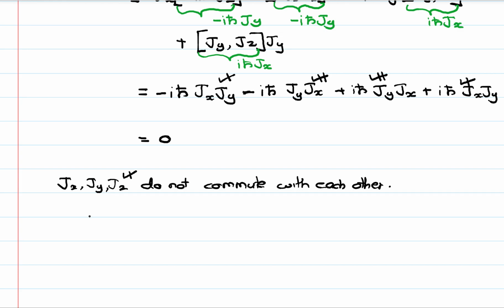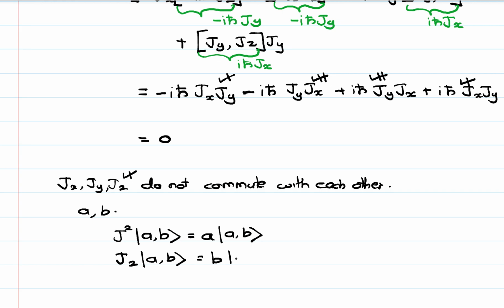In order to find that out, we take the eigenvalues as a and b. That is, j square acting on the eigenket a comma b is equal to a into ket ab, and jz acting on a comma b will give you b into ket a comma b.